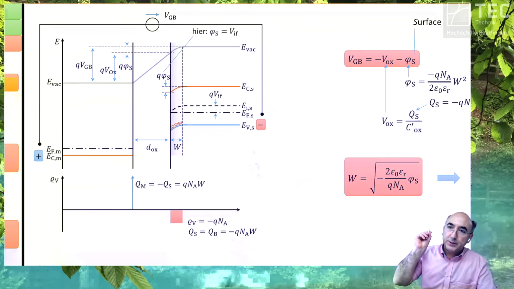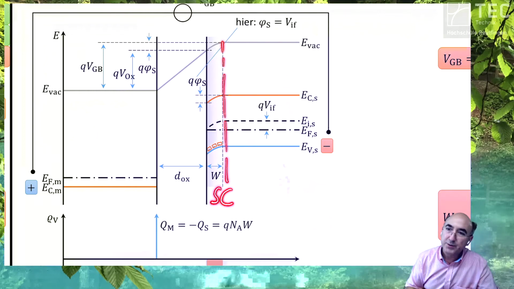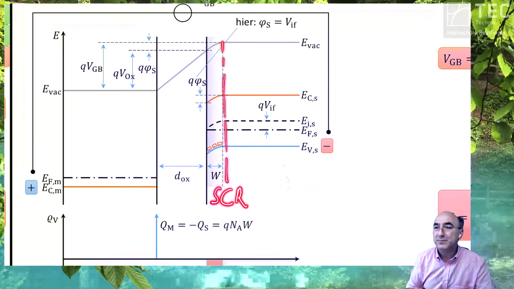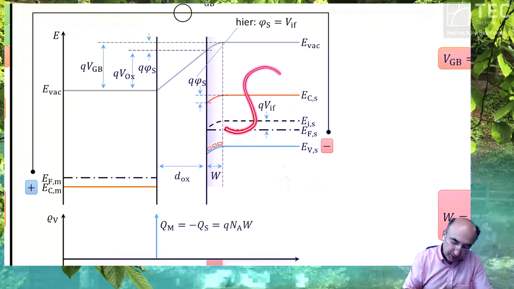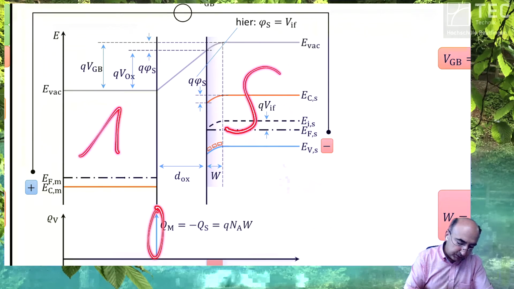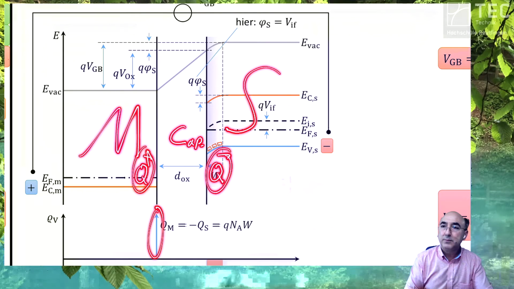But who is giving you this charge? It is the space charge region, the depletion region. The depletion region provides the charge you need from the semiconductor side, and the metal provides the positive charge Q plus, and the semiconductor Q minus. And this Q is stored in this capacitor. That's all.